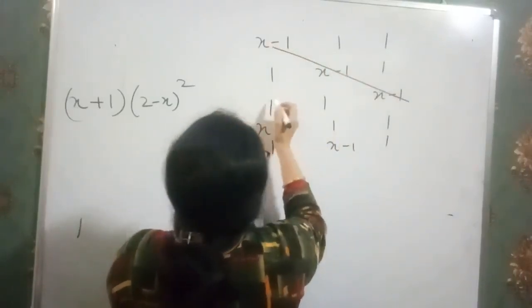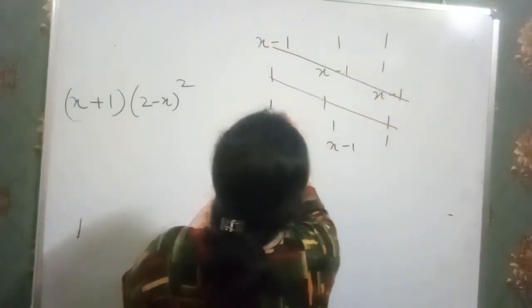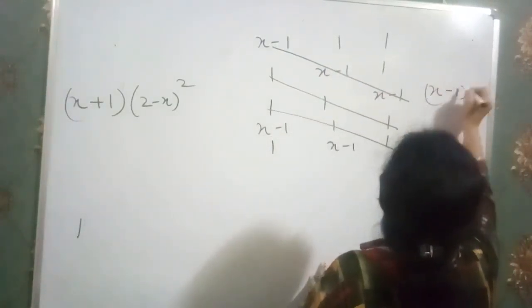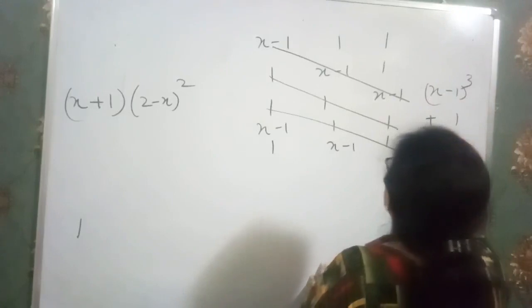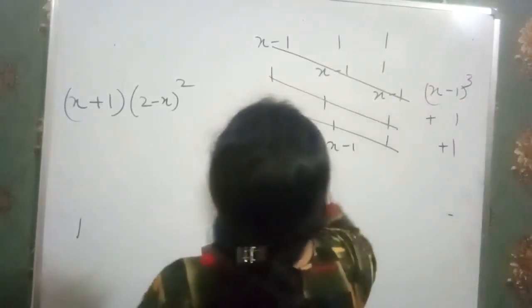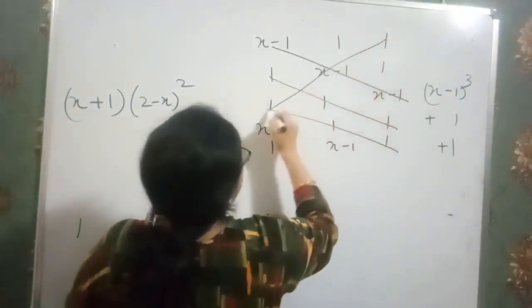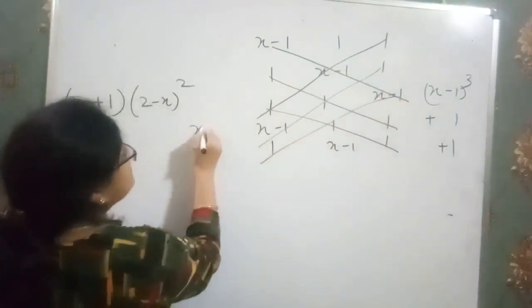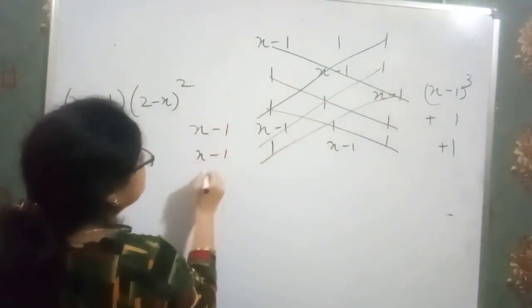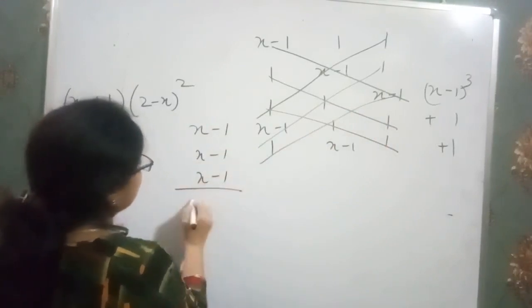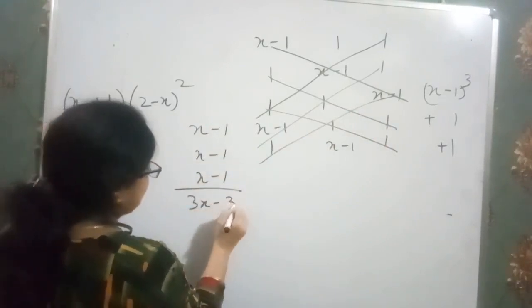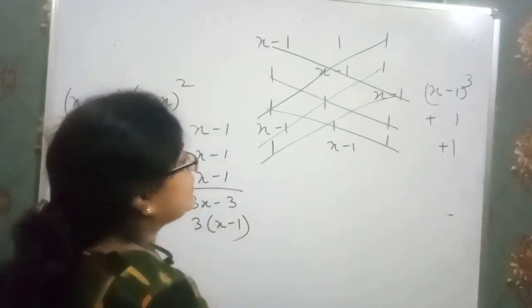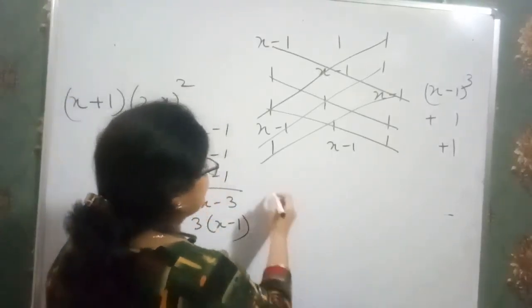This and this. This is x minus 1 whole cube plus 1 plus 1. Now here we have this and this. That means x minus 1, x minus 1, x minus 1. When we add, we have 3x minus 3, that means 3 into x minus 1. Now we have to subtract both.